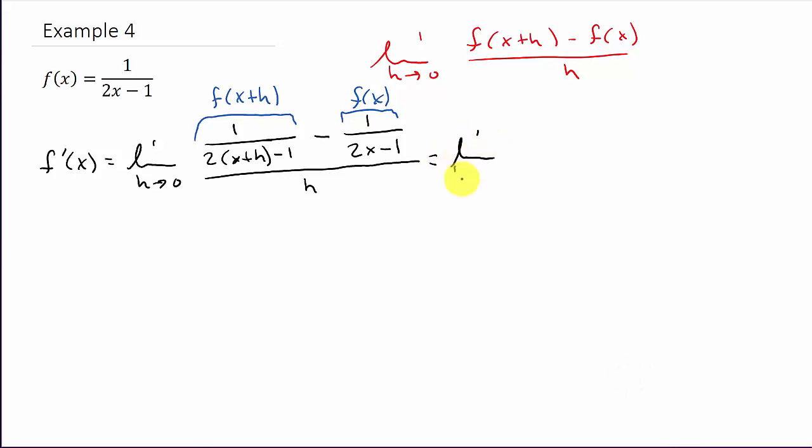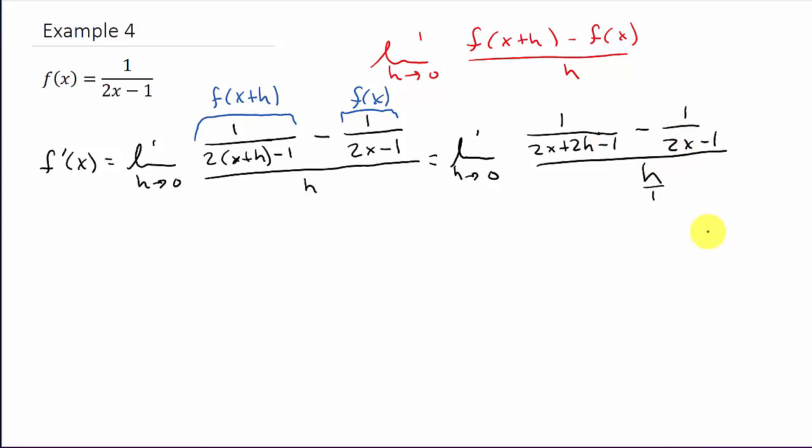Let's write the limit as h goes to 0 of 1 over 2x plus 2h minus 1, minus 1 over 2x minus 1, all over h. All I did is distribute the 2. I think that might make it a little easier to work with. All of this is a complex fraction that we have to simplify.